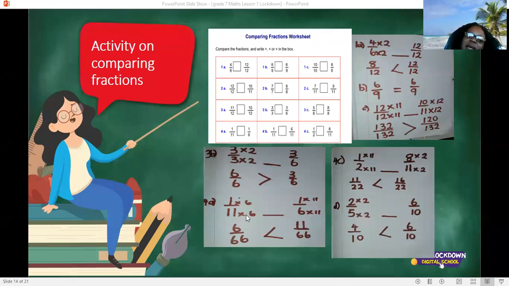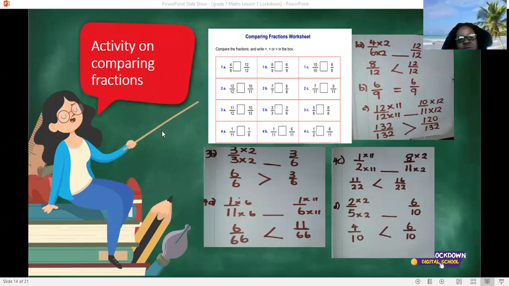So I said 11 multiplied by 6, and then this side I say 6 multiplied by 11. Whatever you do on the numerator, we have to do on the denominator. So 1 times 6 gives us 6, 11 times 6 gives us 66, and then same applies to that side. 1 times 6 gives us 6, and 1 times 11 gives us 11, and 6 times 6 gives us 66. So we can see which fraction is bigger.